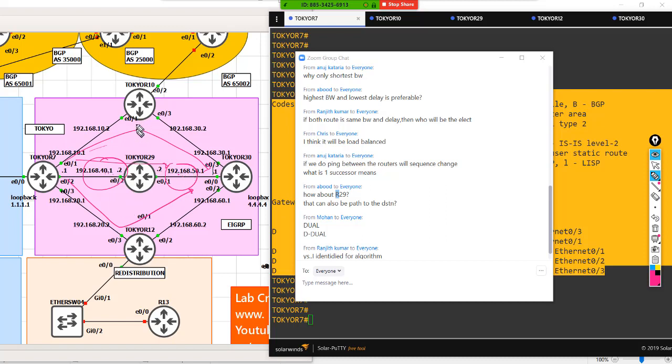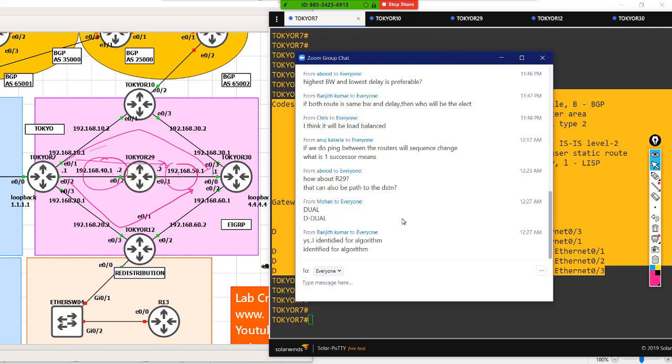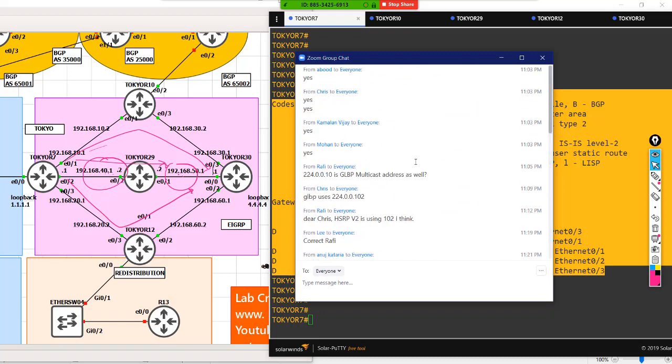It's not about the highest IP, or about the criteria here, bandwidth or delay. I'll tell you why this is not selected and in which scenarios that will get selected. Yeah, that's right, it's because of the DUAL algorithm. So your best two will be getting selected. Okay, so that was with regard to the chat window.